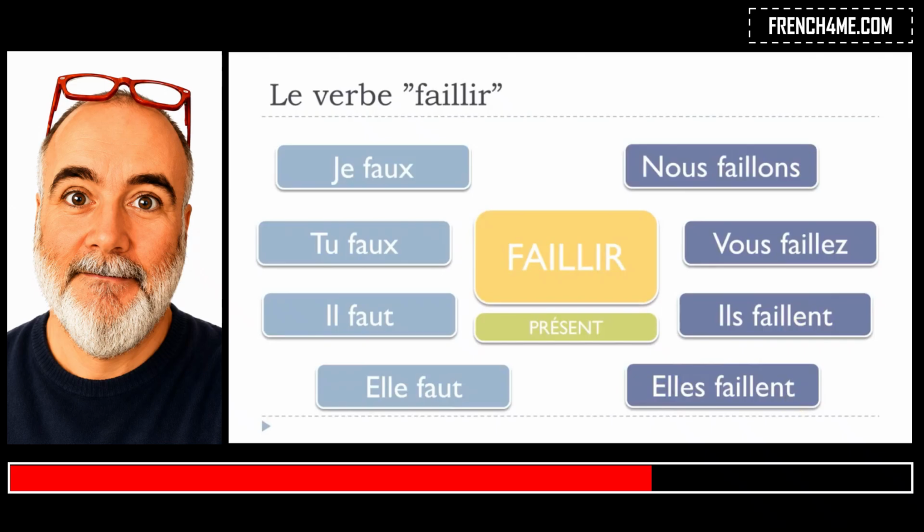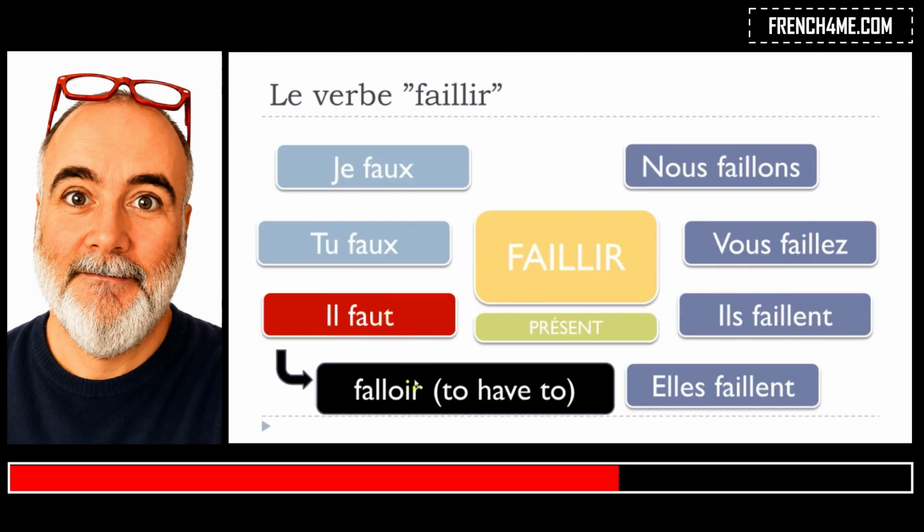Alright? Okay? And if you look carefully, then you will notice that there is something quite strange here, because here you've got a form that normally you should already know, and it's actually the verb falloir, to have to. So remember, because falloir, it's what we call impersonnel, you get only this il form, okay?